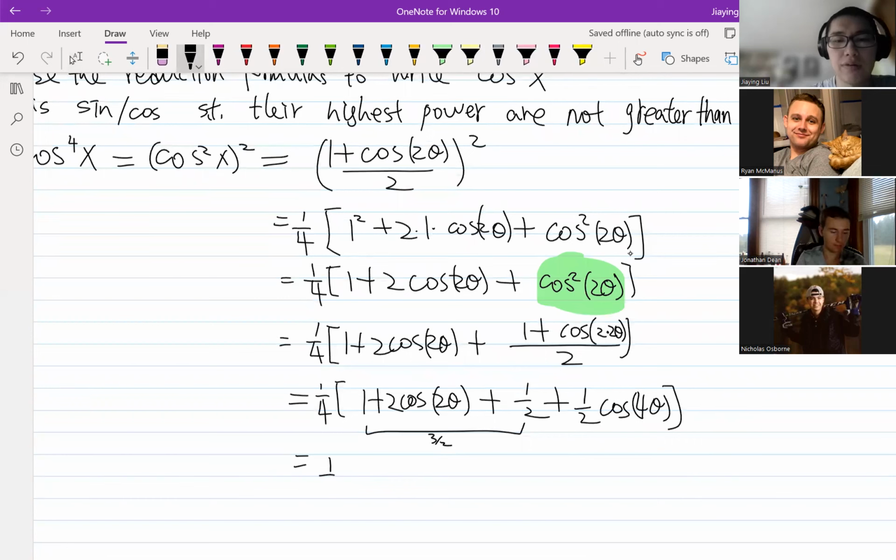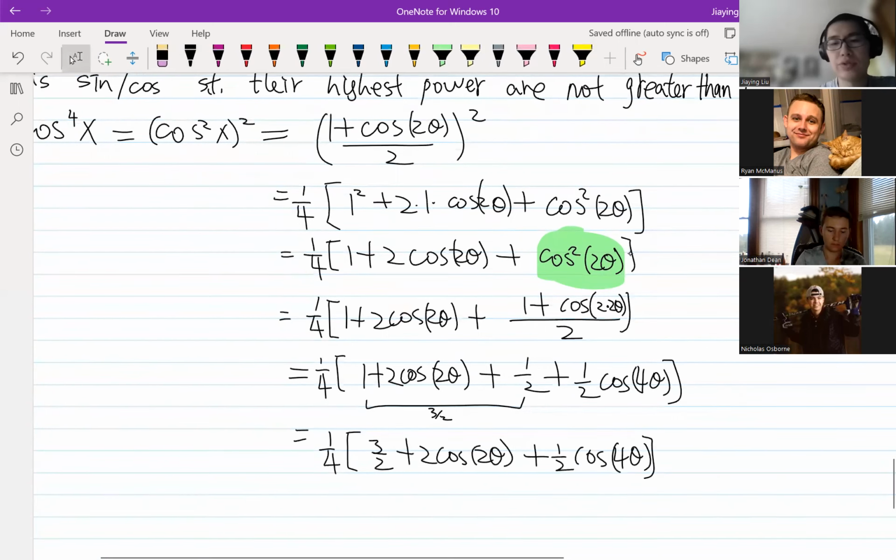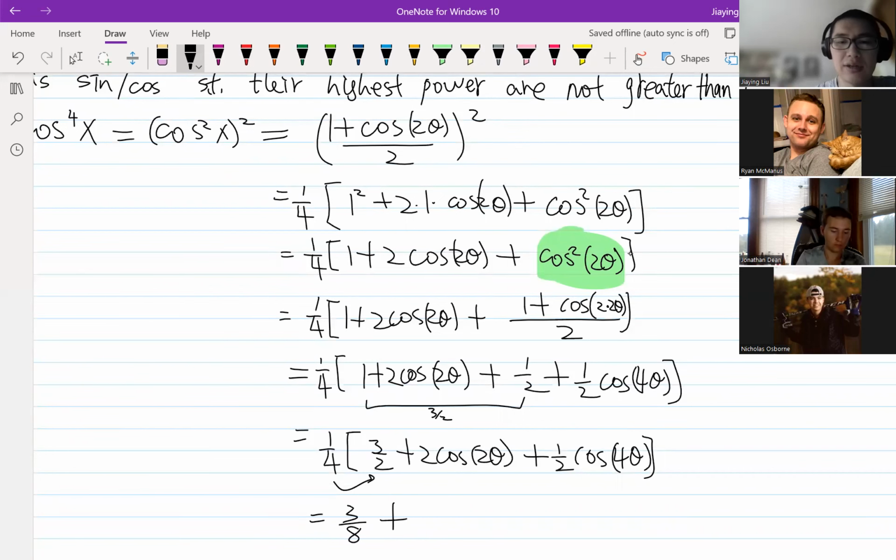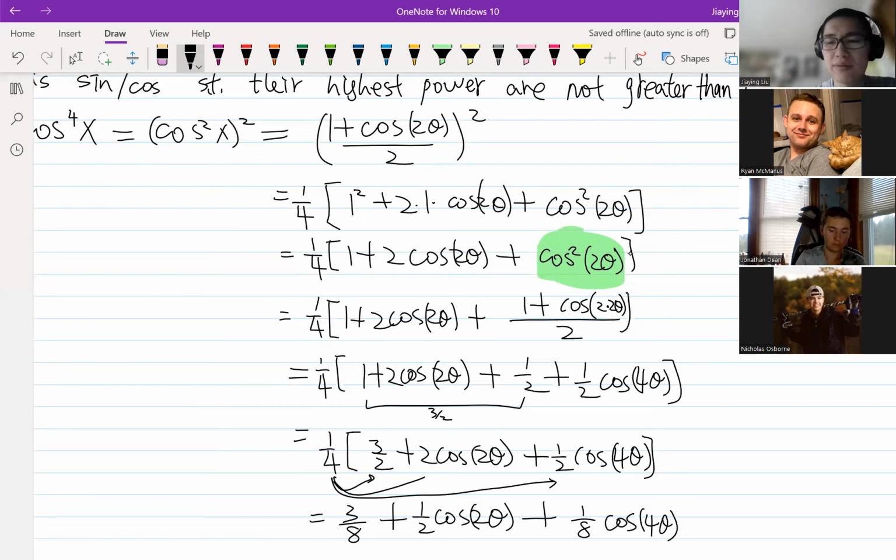So 1/4 times 3/2 plus 2 cosine 2 theta plus 1/2 cosine 4 theta. Now I'm going to distribute the 1/4 into there. So I get 3/8 plus 1/4 times 2, so that's 1/2 cosine 2 theta, plus 1/4 times 1/2, so that's 1/8 cosine 4 theta.